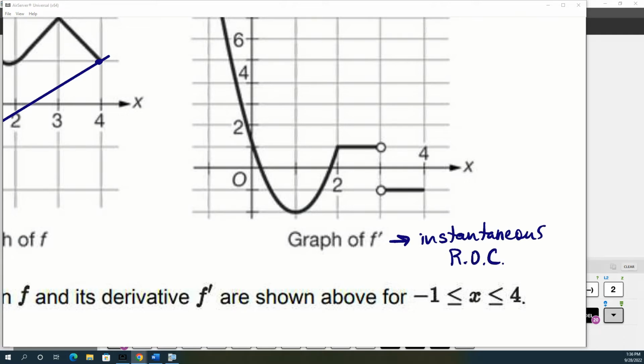So we want to know how many times between -1 and 4 that the graph is equal to 3/5. So I would say 3/5 is about right there. And so if I just drew a line, it looks like the instantaneous rate of change is equal to 3/5 twice.